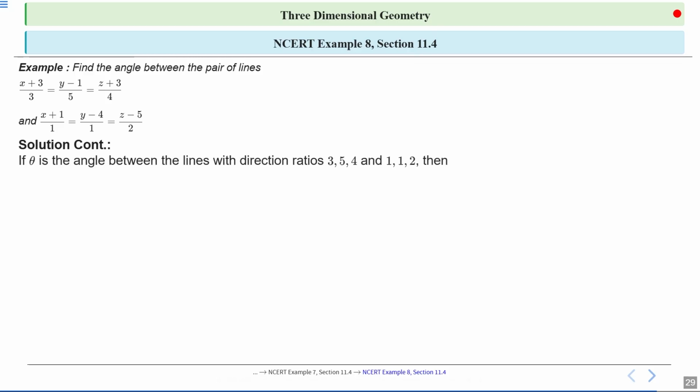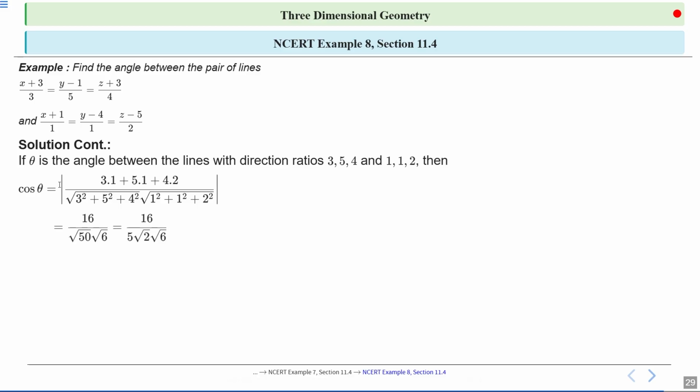If theta is the angle between the lines with the direction ratios 3, 5, 4 and 1, 1, 2, then cos theta equals absolute value of 3 times 1 plus 5 times 1 plus 4 times 2 divided by square root of 3 square plus 5 square plus 4 square times square root of 1 square plus 1 square plus 2 square.